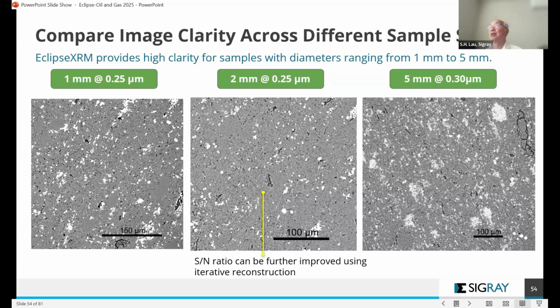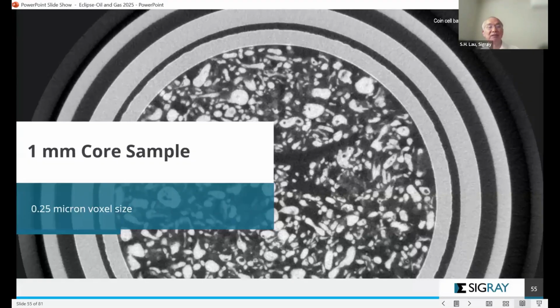In other words, I can do interior tomography. This means I can start with a 5 millimeter core and still get submicron resolution without having to cut the sample. That is the power of this system.